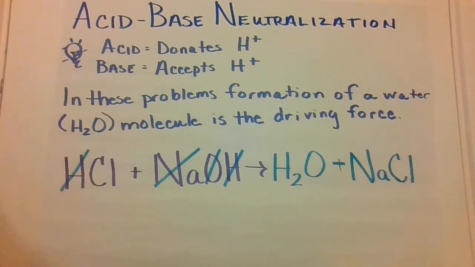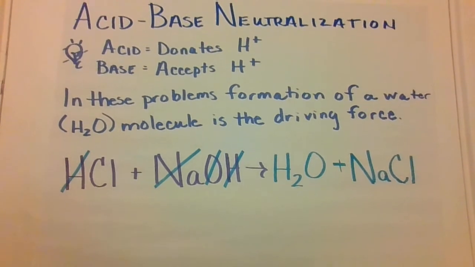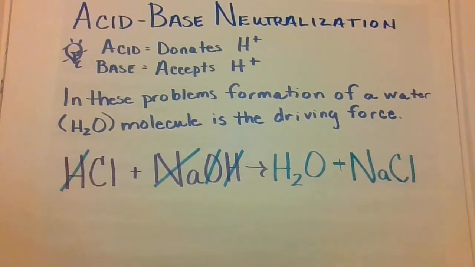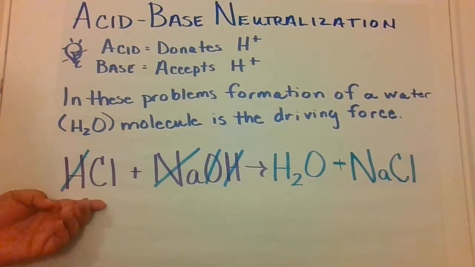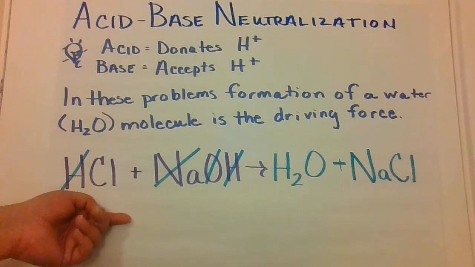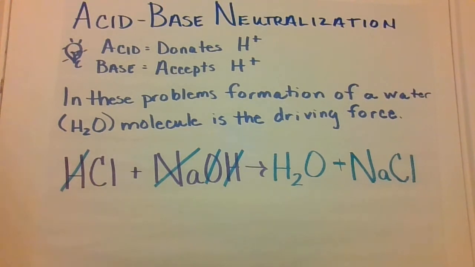But let's take this one step further, okay? Let's go ahead and label which is an acid and which is a base. So remember, we had a donor of hydrogen. So who donated my hydrogen for my water? Okay, so we have here our HCl is going to be our acid.